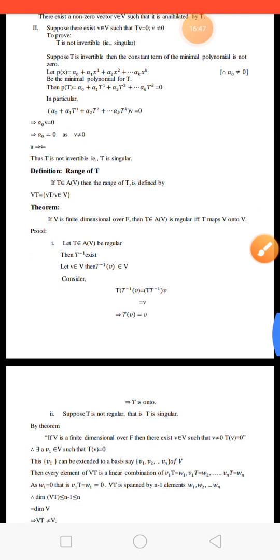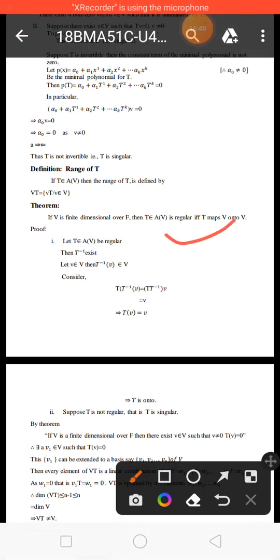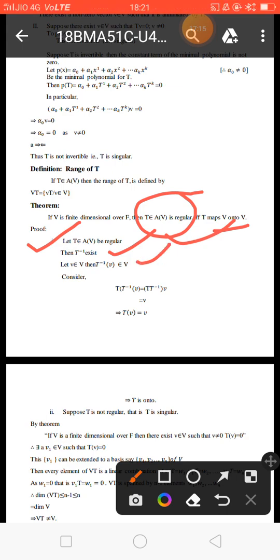If V is finite dimensional over F, then T belonging to A(V) is regular if T maps V onto V. In the proof, if T belongs to A(V) is regular, the first case was that the constant term of the minimal polynomial is not 0, and this holds if and only if T maps V onto V. Let T belonging to A(V) be regular, then T inverse exists. Let v belong to V, then v T inverse also belongs to V, then (vT inverse)T = v, which implies T is onto.